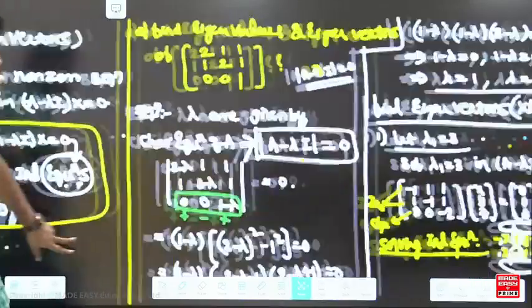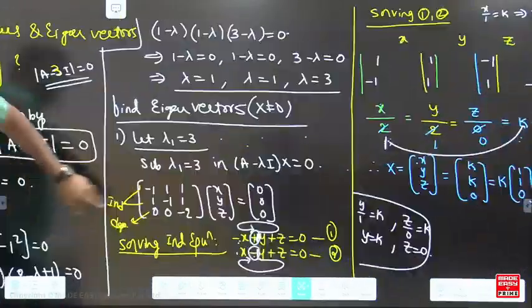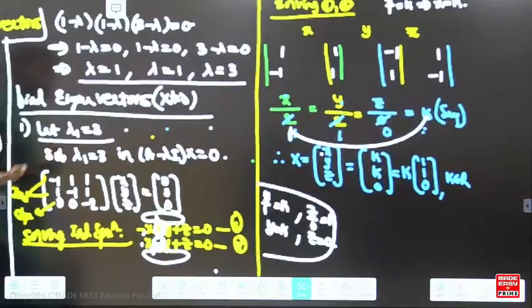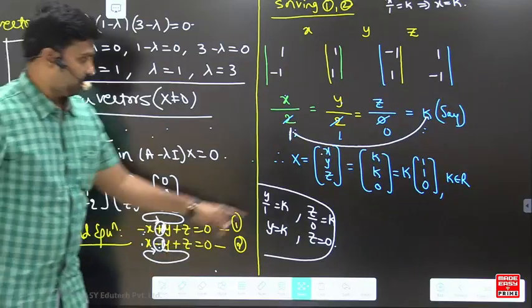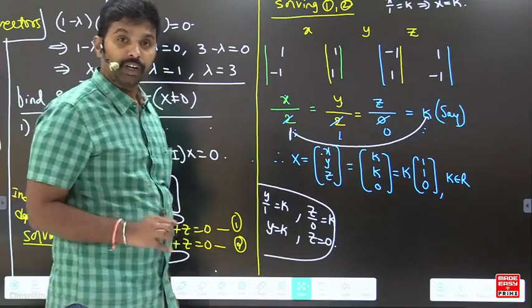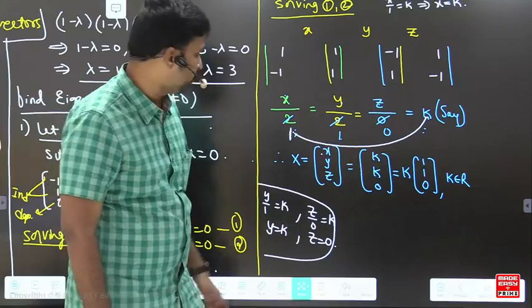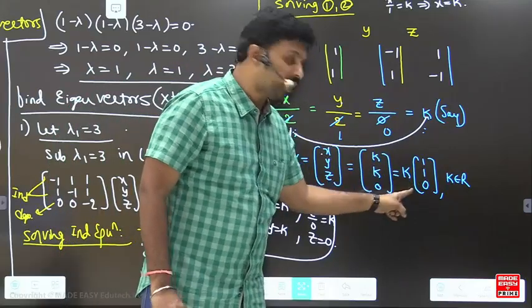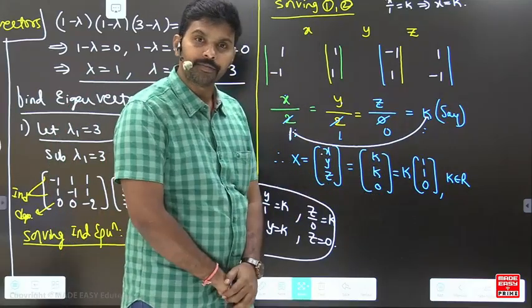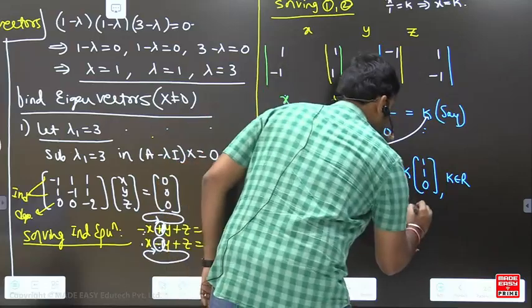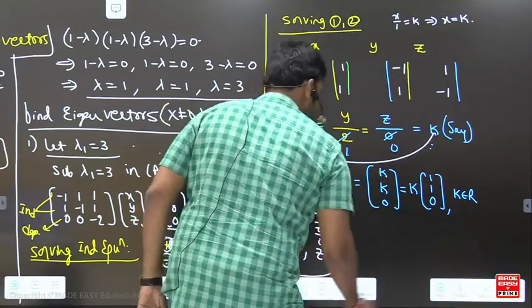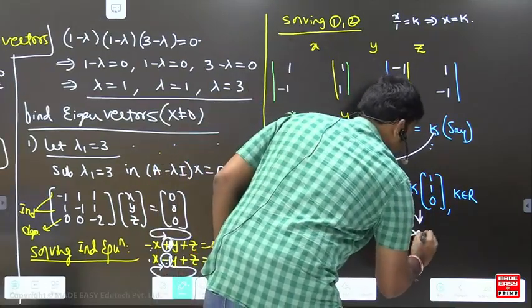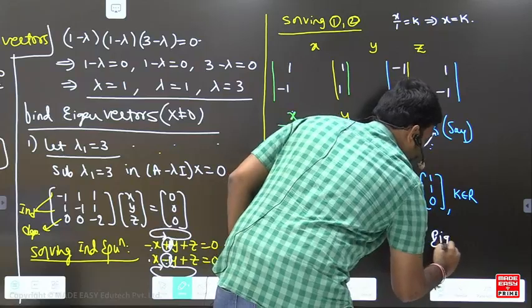Correct or not? Yes, capital X is the eigenvector. But now, my dear students, you tell me, is it only one vector or infinite vectors? These are infinite vectors, so these are infinite eigenvectors.